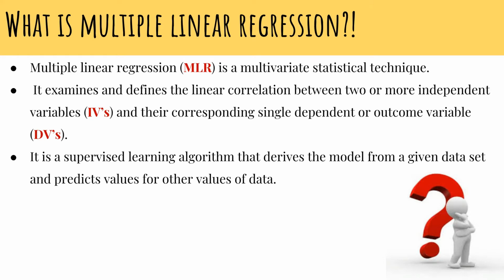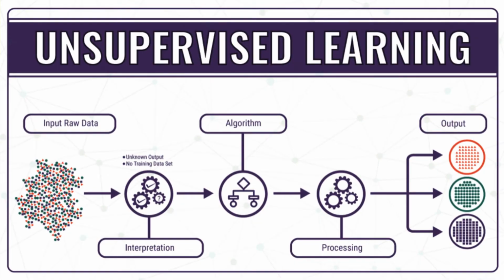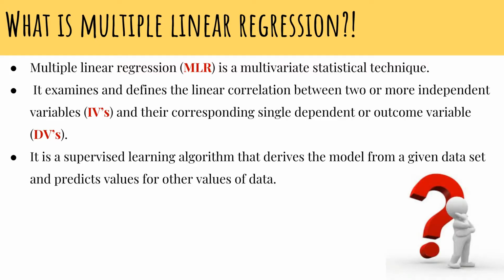So it is supervised: there is something you need to provide first, and then your model works. But in unsupervised learning, the counterpart of this, you put data inside the algorithm and the algorithm automatically defines what kind of data it is, what it needs to do and how it needs to do it. Those are the two types of machine learning algorithms, but don't worry, we'll study them later.